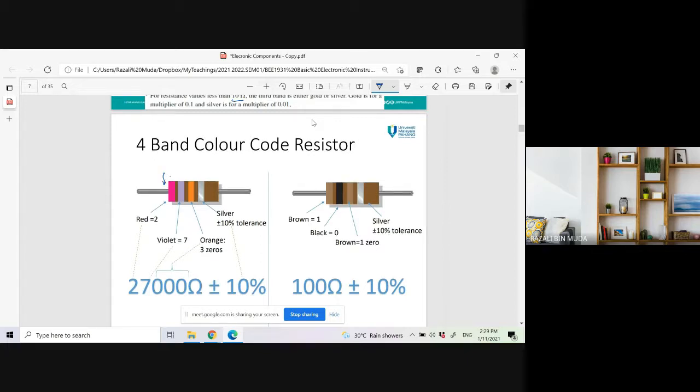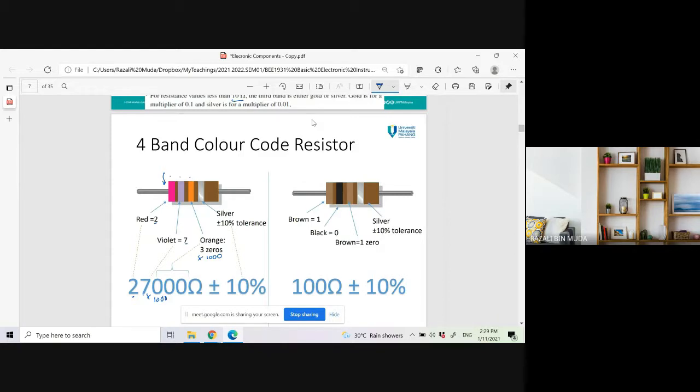So first red, second violet, third orange, and fourth silver. How do you read it? Red is 2, violet is 7, orange is 3. 3 means 3 zeros, which means 1000, multiply by 1000. So 27 multiplied by 1000 equals 27,000.